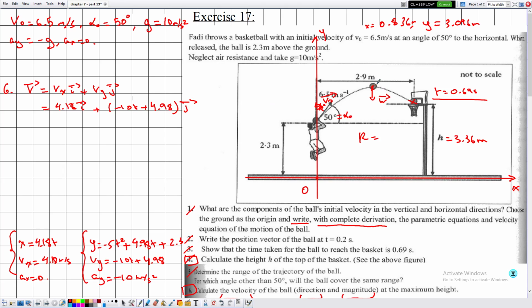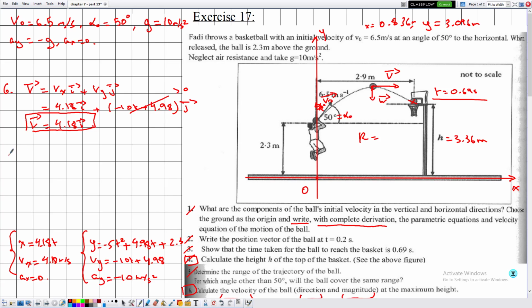Now notice that here at this maximum height, the velocity is completely parallel to the x-axis, which means that this is 0. Here no need to calculate time because this is the quantity that we want, which is the velocity vector.